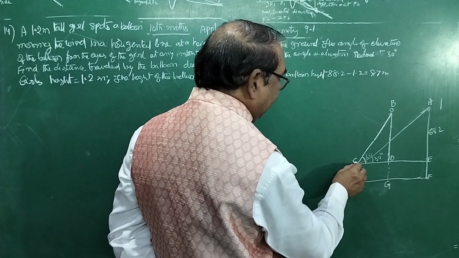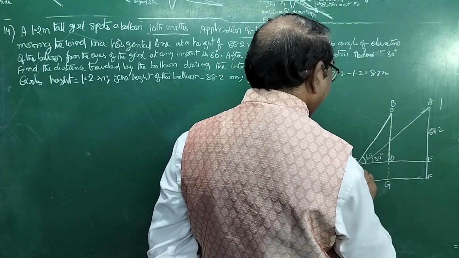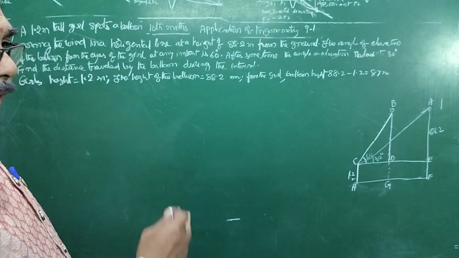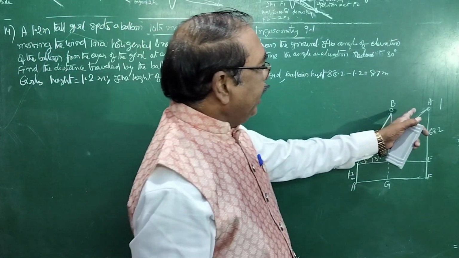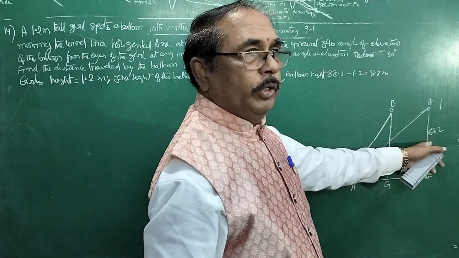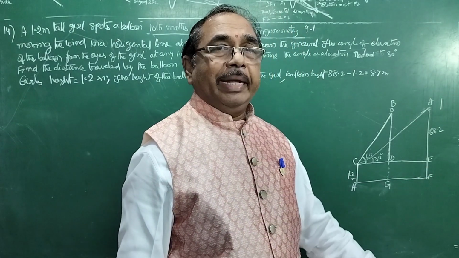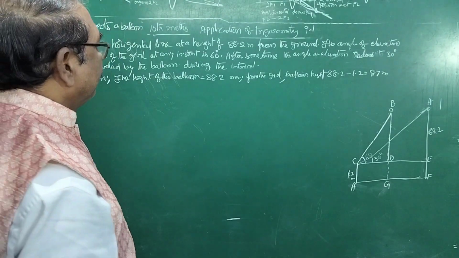From the eyes of the girl, the balloon height is 87 meters after deducting the girl's height. Actually, from the ground it is 88.2, but the girl's height is deducted, then the remaining is 87 meters.